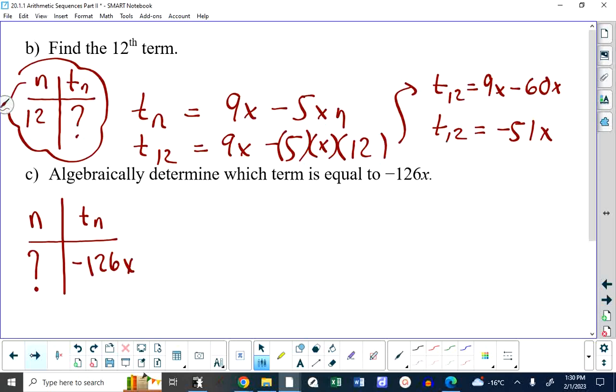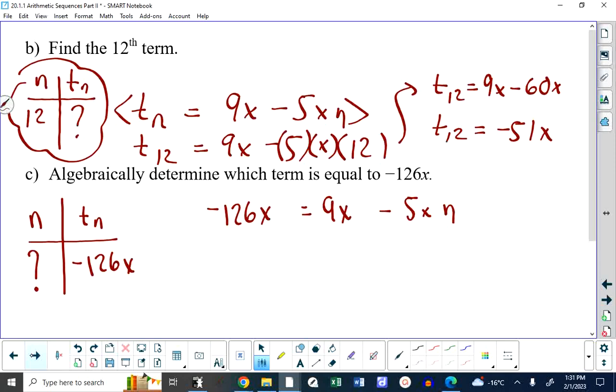It's telling you the term value, or the term itself, is negative 126x. What's n equal to? So we take this formula right here, and for Tn we put negative 126x equals 9x minus 5xn.